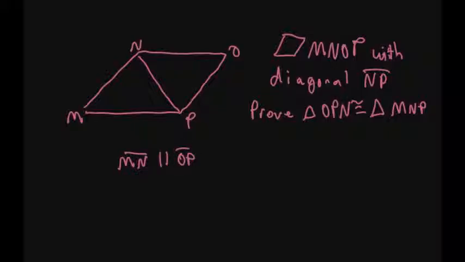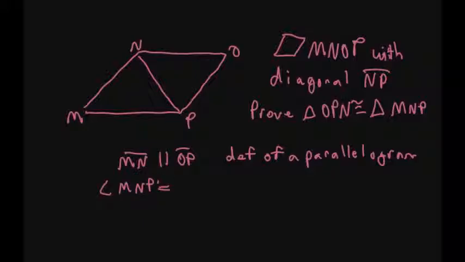And I know that because I was told it was a parallelogram. So that's the definition of a parallelogram. Alright, next I know that angle MNP is congruent to angle OPN, and I know that because they're alternate interior angles.